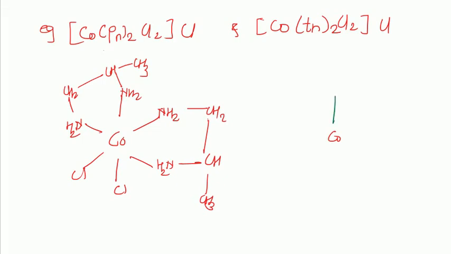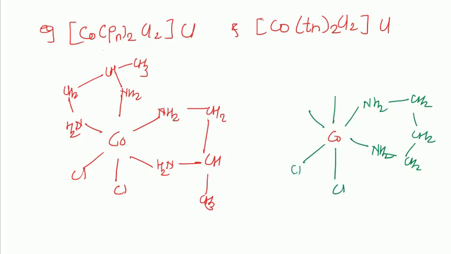The second structural formula is for the second isomer. It is also of coordination number 6 for cobalt: NH2 CH2 CH2 CH2 and NH2 here, other two chlorides, and one more TN, CH2 NH2 CH2 CH2 CH2 and NH2.